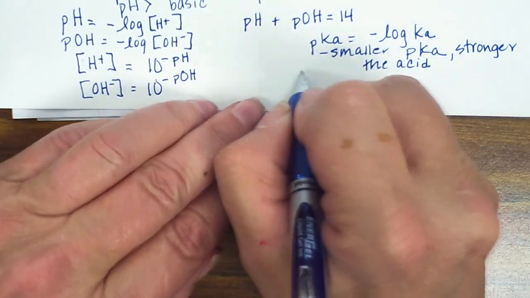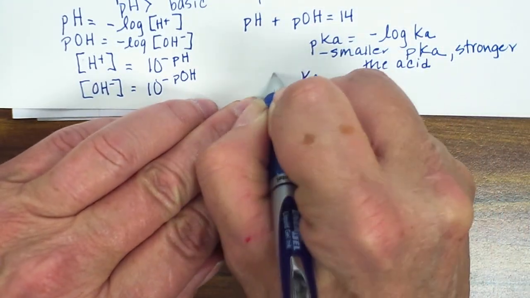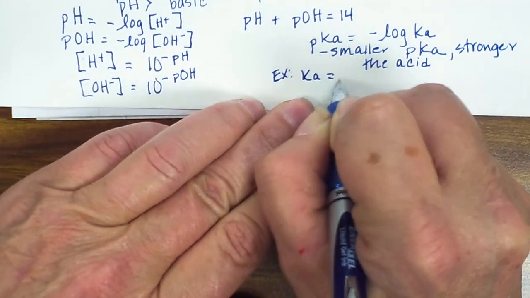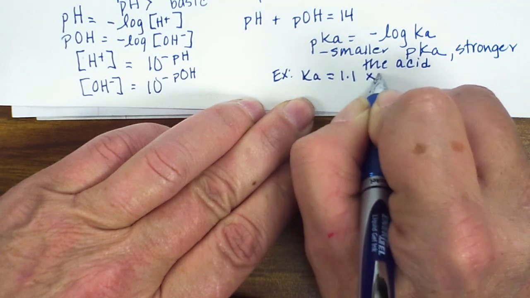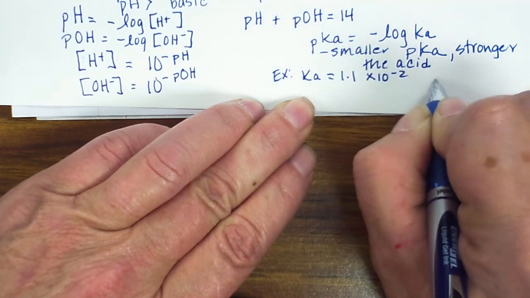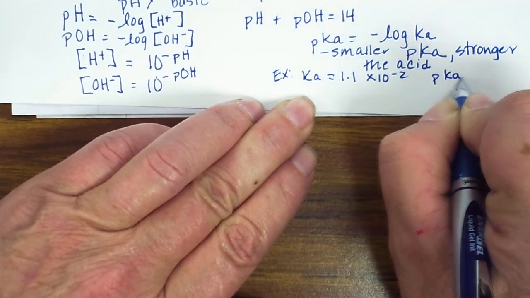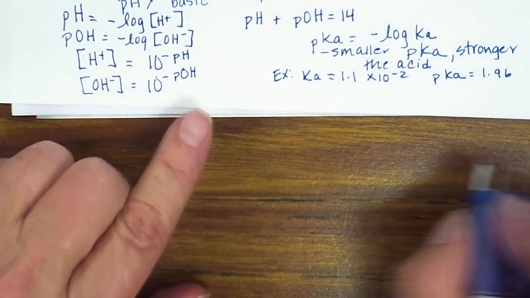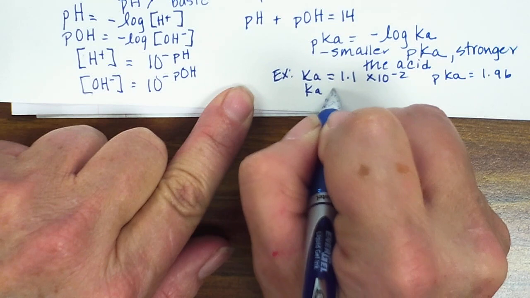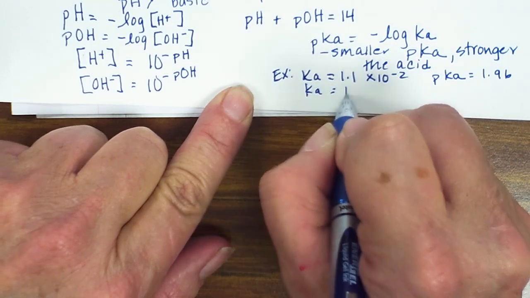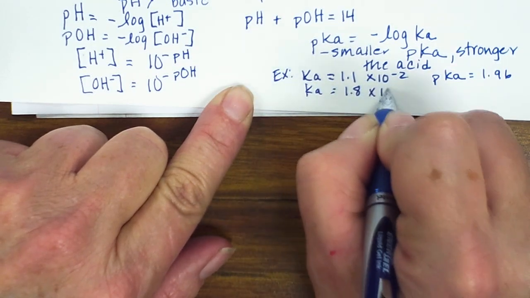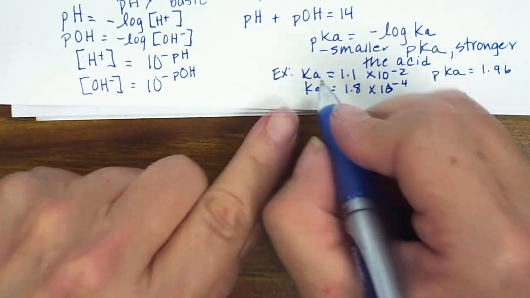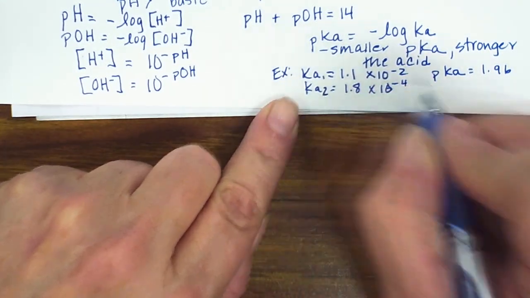So for example, if you have a Ka equal to 1.1 times 10 to the minus 2, you're going to have a pKa equal to 1.96. If you have a Ka equal to 1.8 times 10 to the minus 4, now, first of all, this is Ka1 and this is Ka2.